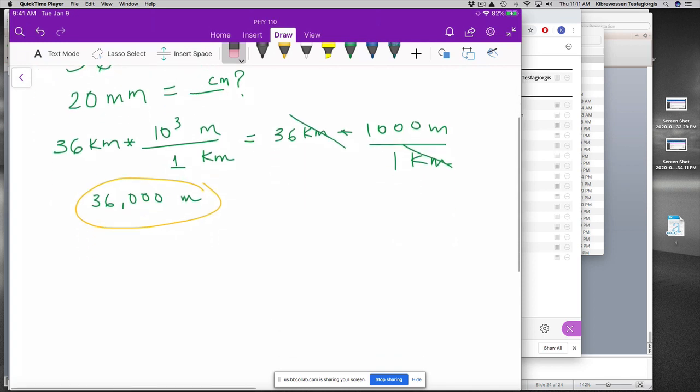The second question I gave you is how many centimeters do you have in 20 millimeters? Probably we wouldn't have a direct conversion from millimeter to centimeter, but you can take a step-by-step approach.